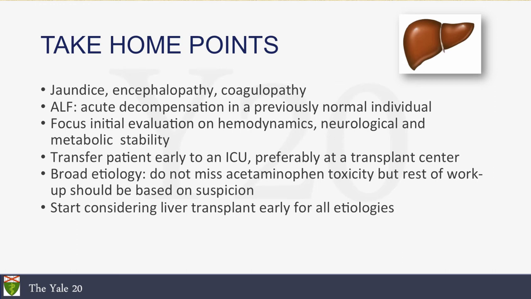ALF patients are very sick by definition. They often develop derangements in multiple organ systems and have the potential to experience life-threatening complications. Initial workup should focus on cardiovascular, neurological, and metabolic stability. The best place to manage an ALF patient is in the ICU.